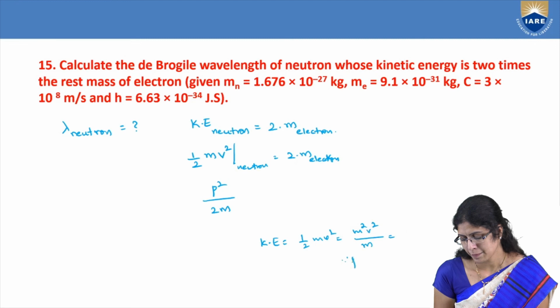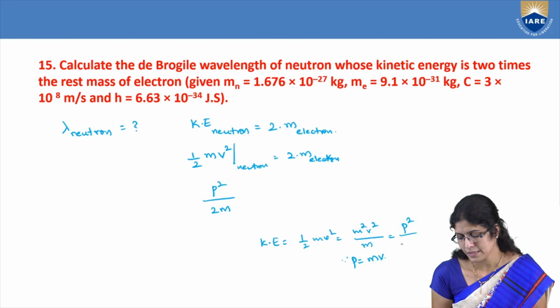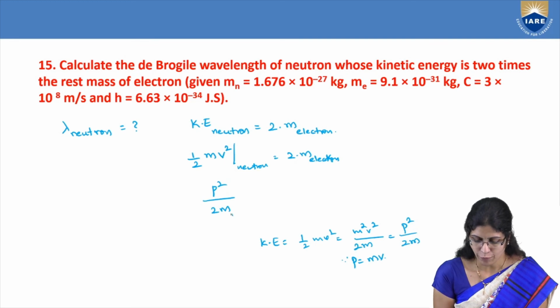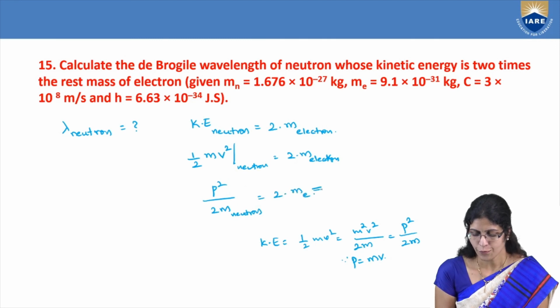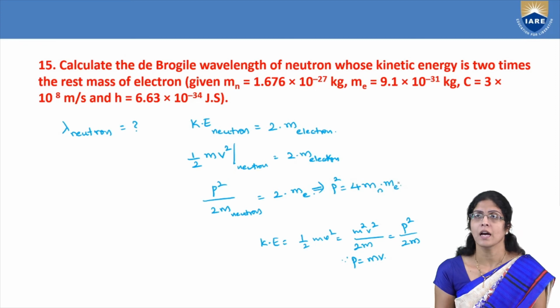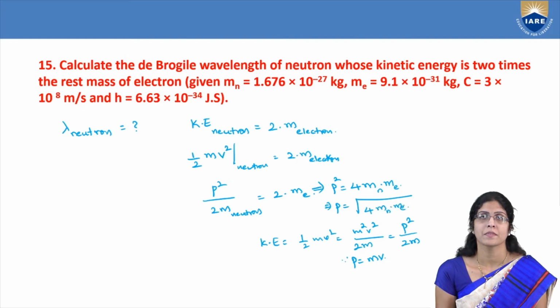And since p, the momentum, is equal to m times v, I can write it as p square by 2m. So taking m of the neutron, p square is equal to 4 times the mass of the neutron times the mass of the electron. So from this I can write p as square root of 4 mn me.